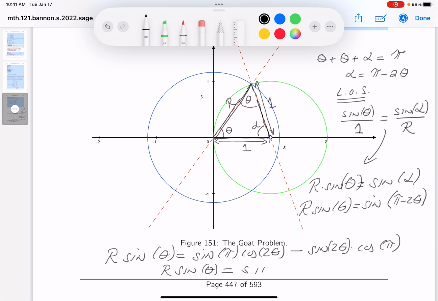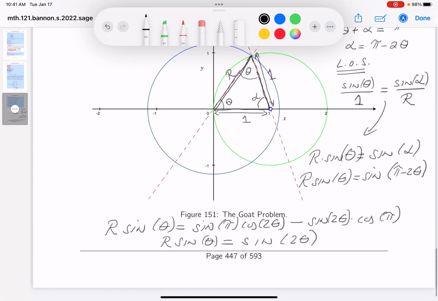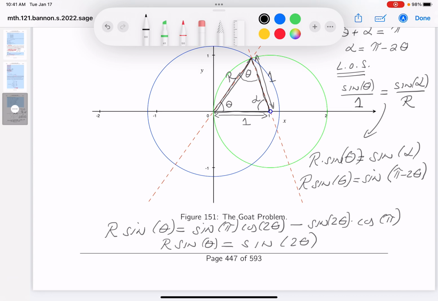And by the way, things are starting to shape up. I still have some trouble still. And what I want to do is write it down a little bit simpler. So we get r sine theta equals 2 sine theta cosine theta. All right?